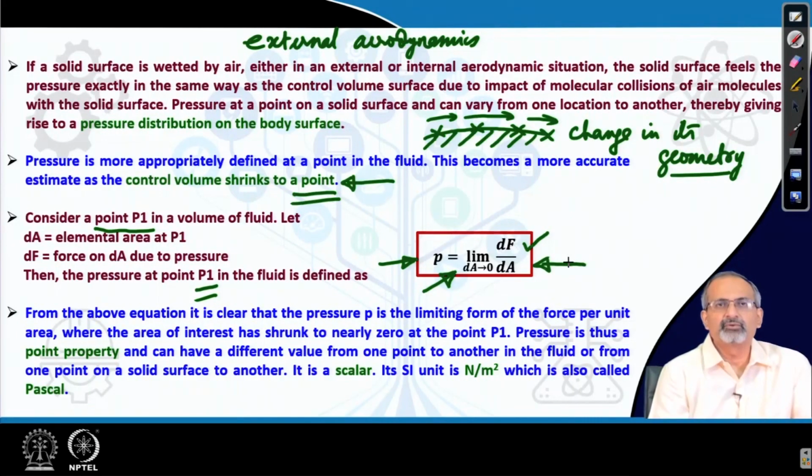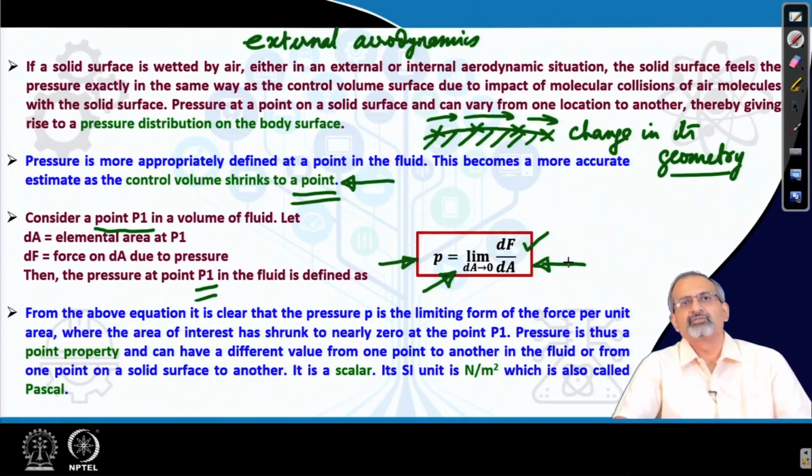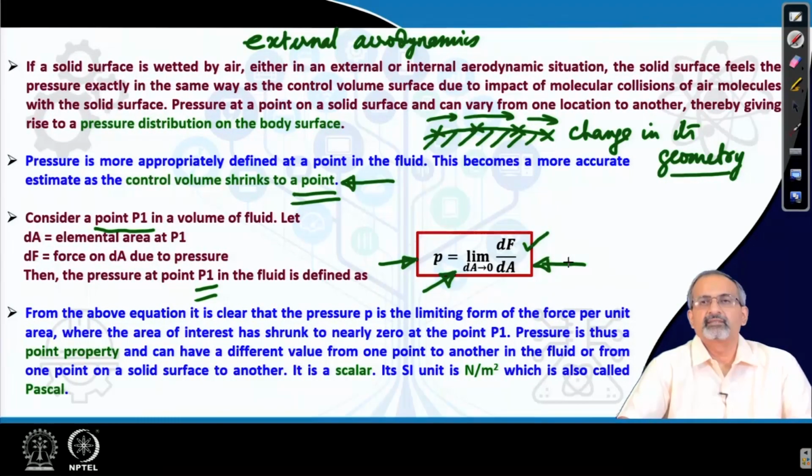Now, from the above equation, it is clear that the pressure P is the limiting form of the force per unit area, where the area of interest has shrunk to nearly 0 at the point P1. Pressure is thus a point property and can have a different value from one point to another in the fluid or from one point on a solid surface to another, depending on the kind of application.